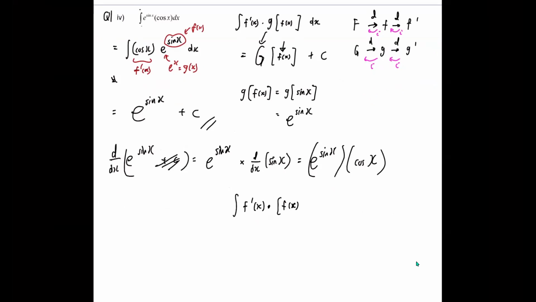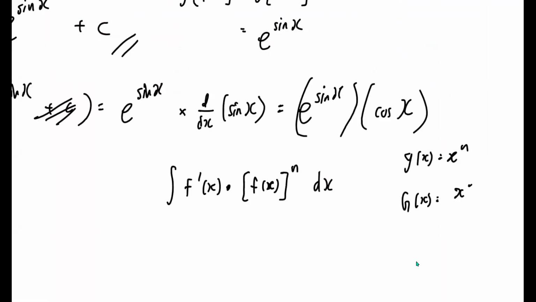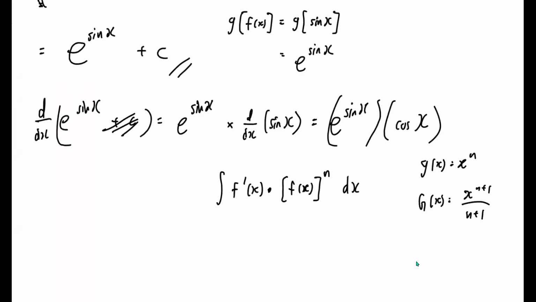But this time, you assign g of x to be the x power n function. So that means that you now have f x power n. Then how do you integrate x power n? In other words, you get capital G of x. It's really just x power n plus 1 divided by n plus 1. Add 1, get the new power, divided by new power.